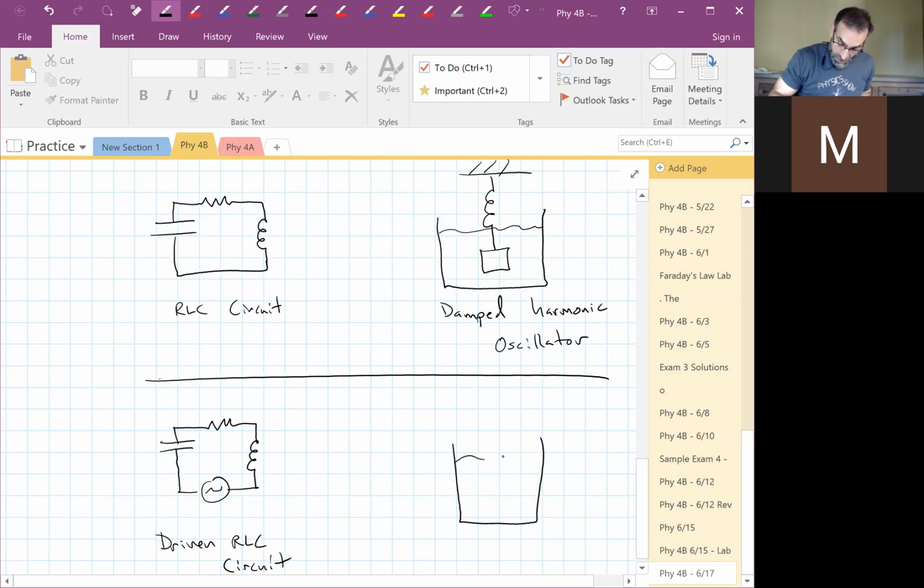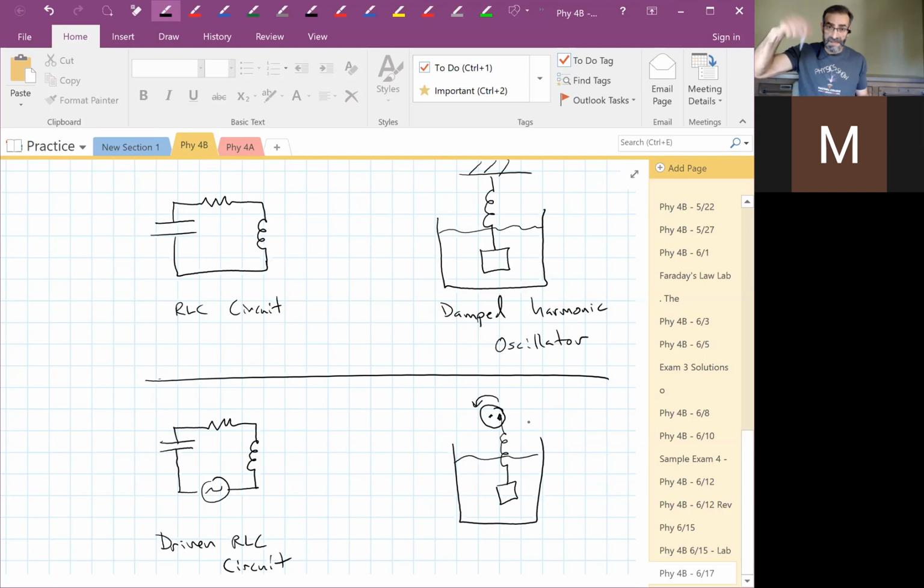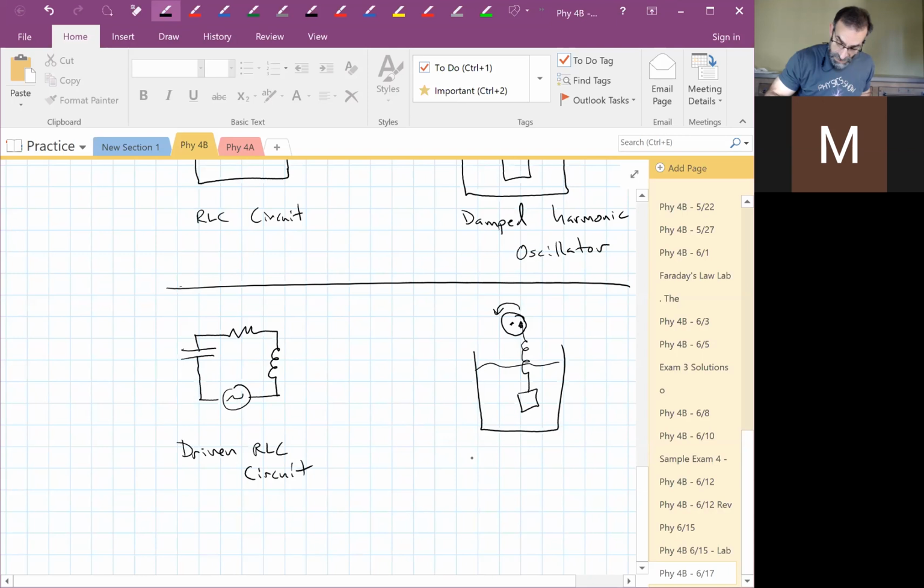We've got our fluid here, we've got our mass on a spring, but now it's connected to a wheel that's spinning around. We're driving it, we're moving the top up and down, driving it up and down a little bit. This is a driven, damped, harmonic oscillator.